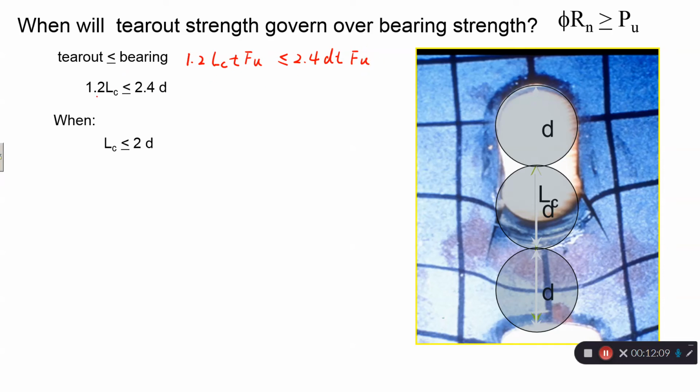So I get 1.2 LC less than or equal to 2.4 d, which simplifies to LC over d. So if LC is less than 2 times the diameter, tear out controls.